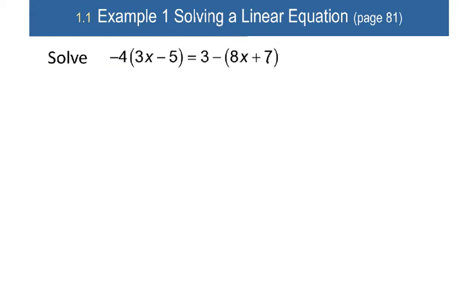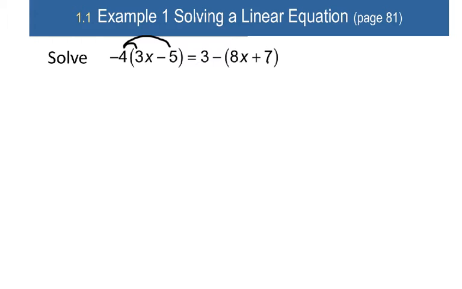This right here is solving a linear equation. First things first, before we get started solving anything, trying to get x by itself, what we're going to do is distribute, using that distributive property.